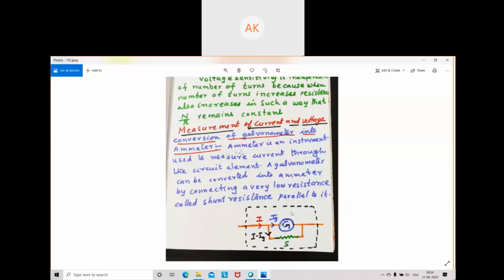By calculations you have to find out the suitable resistance that should be connected in parallel to the galvanometer to read 3 ampere, 5 ampere, like that. Then connect it to the circuit in parallel, and it will read that much current. That is found only by calculation.